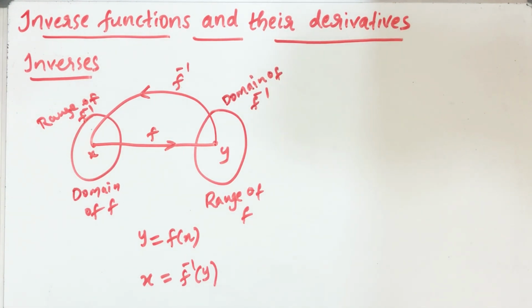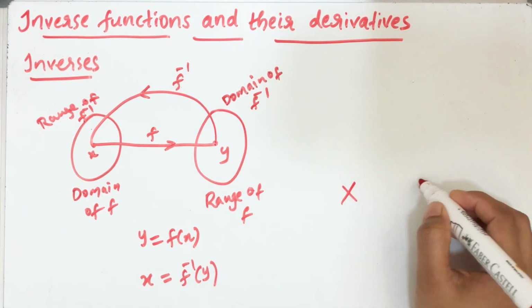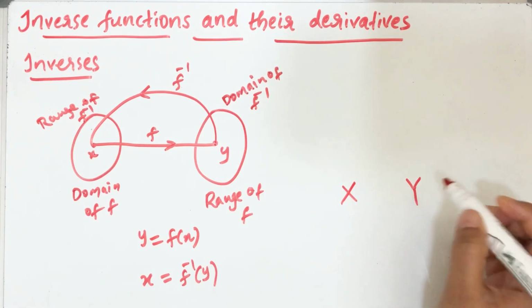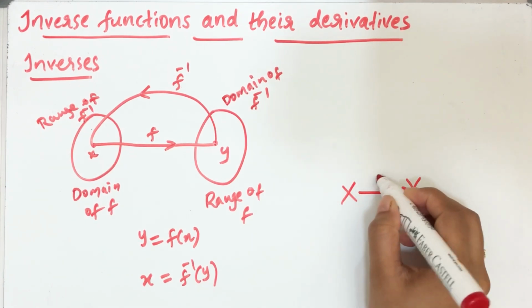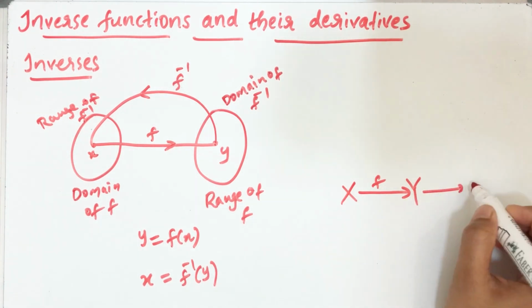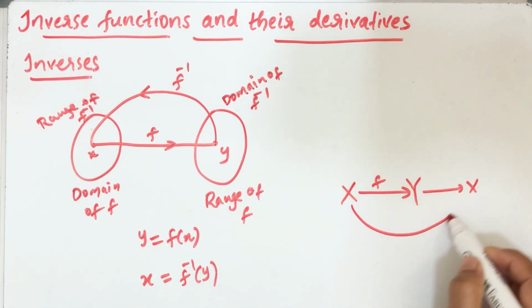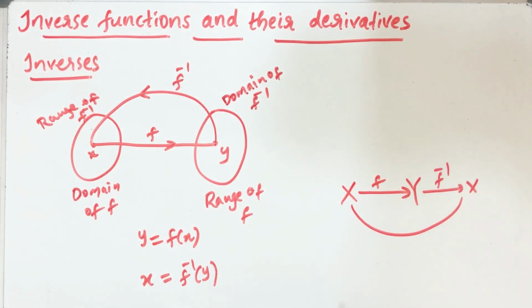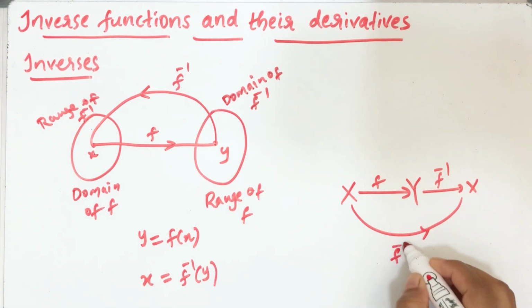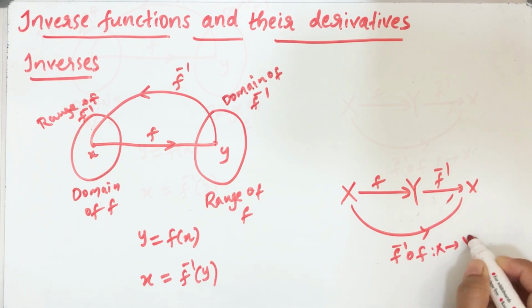Can we say something about the composite of f and f inverse? See, if x is the domain of f and y is the range of f, then f is the map from x to y, and f inverse is the map from y to x. Then what are f composite f inverse and f inverse composite f? F inverse composite f is from x to x.